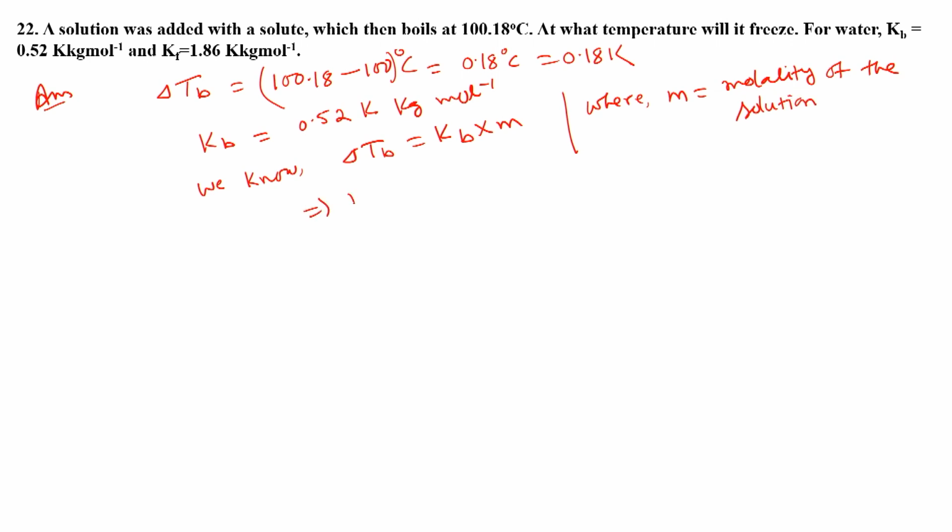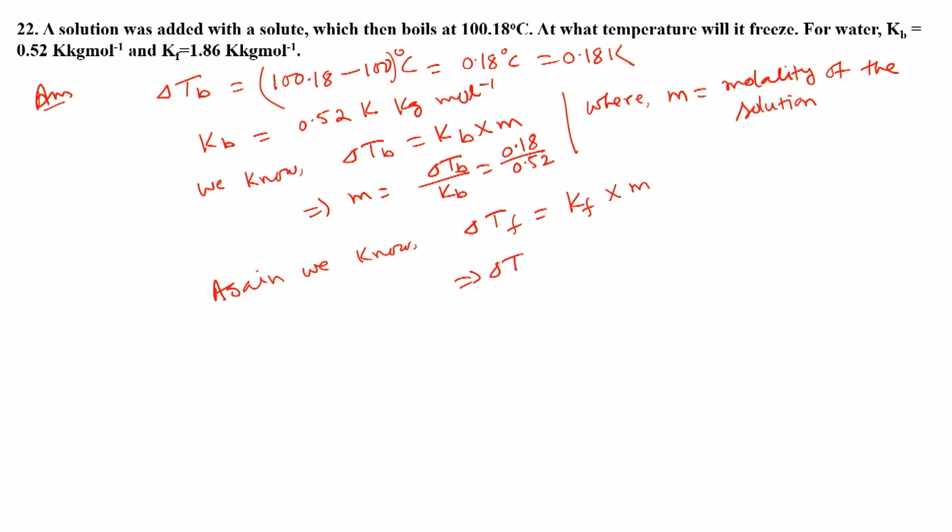So we can calculate m here. m is delta Tb by Kb, so we get 0.18 by 0.52. Once we get the value of m, we can use it because the same solution is being used. Again we know delta Tf is Kf times m.